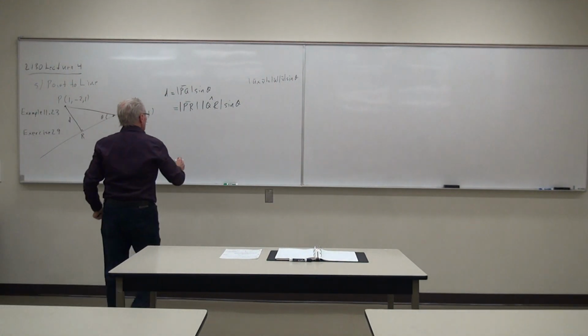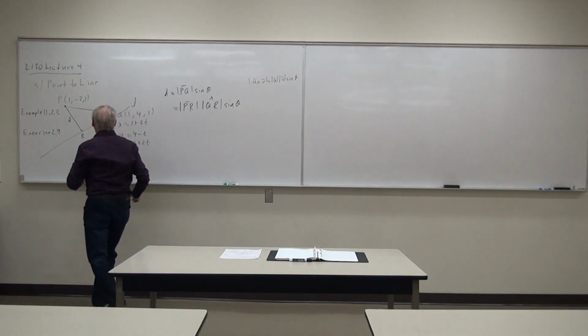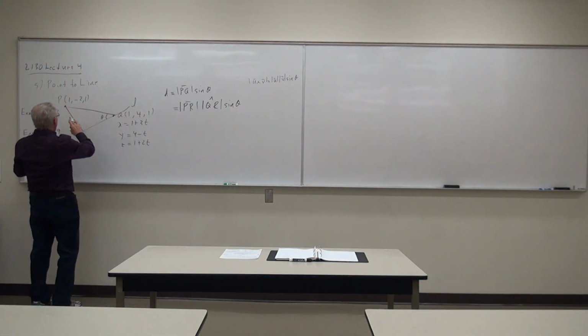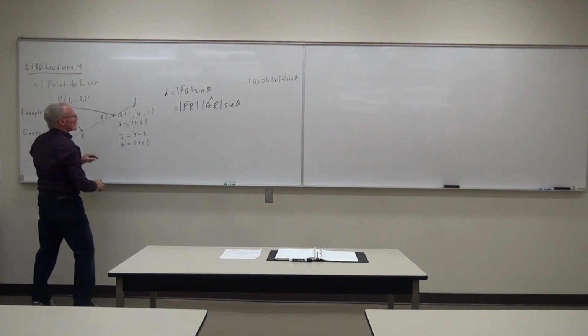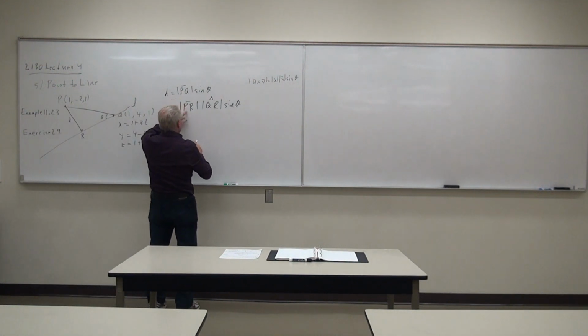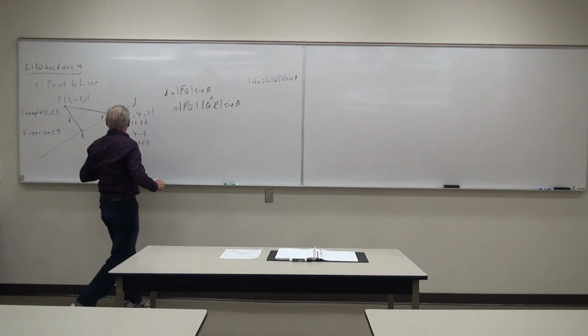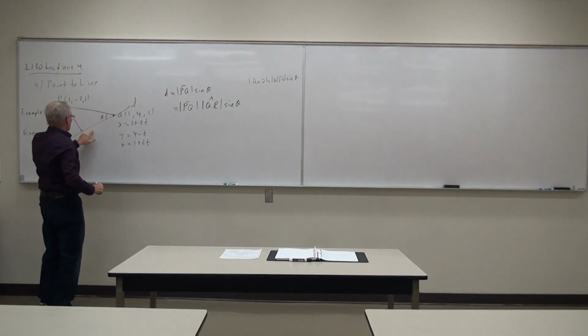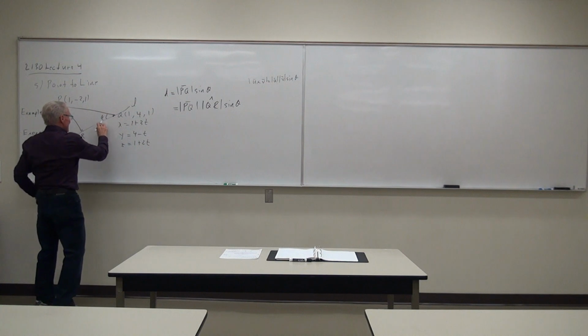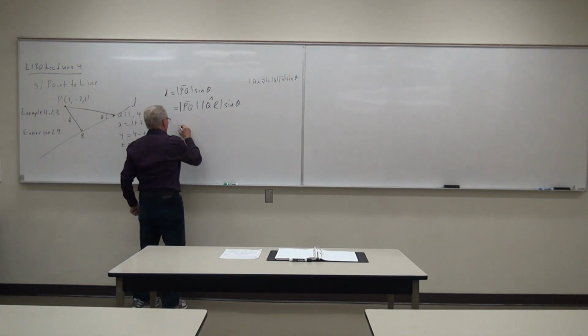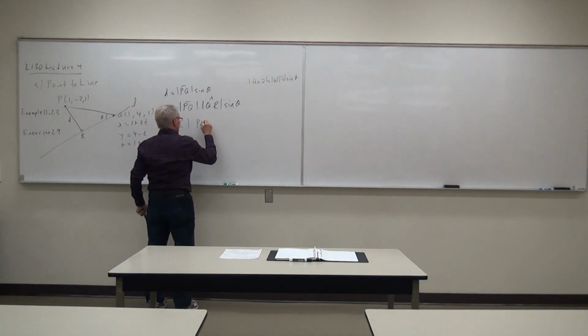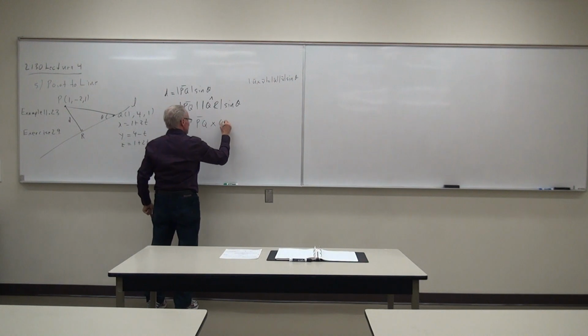Well, what do we got here? Is theta the angle between PQ and QR? Oops, I wrote down the wrong one here. That was supposed to be PQ. So PQ, and yes, theta is the angle between. So this is nothing more than the length of PQ cross QR.